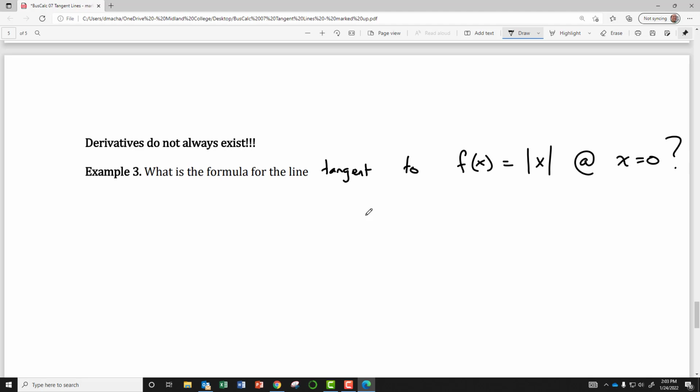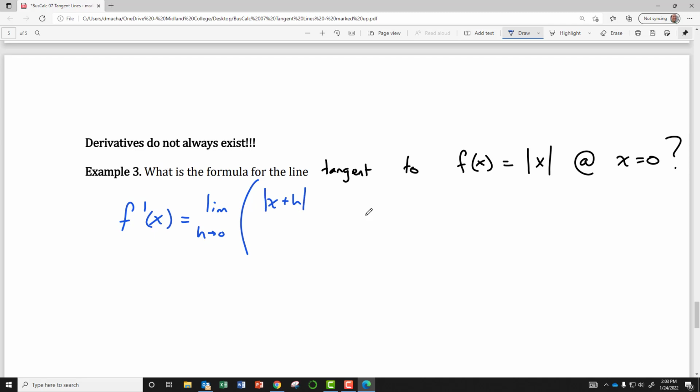So we're going to start by trying to find the slope of the tangent line. And you remember the slope of the tangent line is just the derivative. So I write f prime of x. And this is the limit as h approaches 0 of x plus h. And the f function is just the absolute value function.